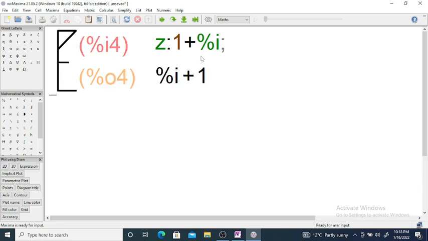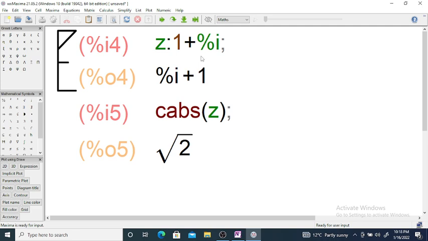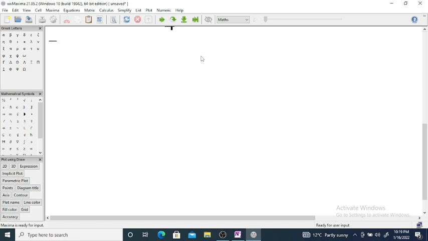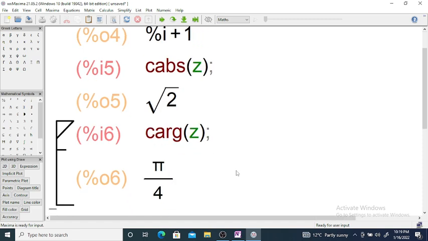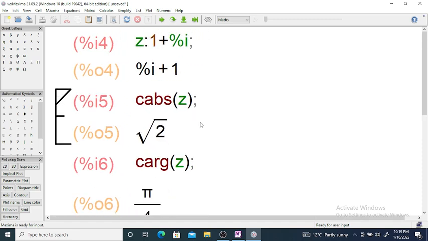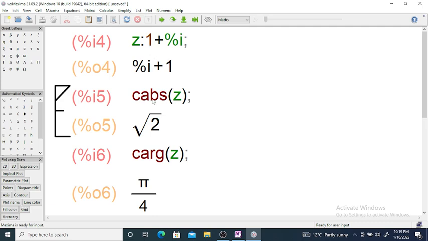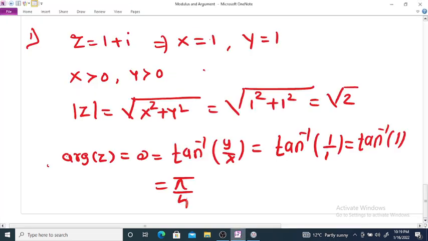Then we can calculate its modulus by using cabs of z, so you can see it is equal to under root of 2, and carg of z is equal to pi by 4. You can check here, it is equal to pi by 4. So the given complex number z is equal to 1 plus i, then its modulus is root 2 and its argument is equal to pi by 4.